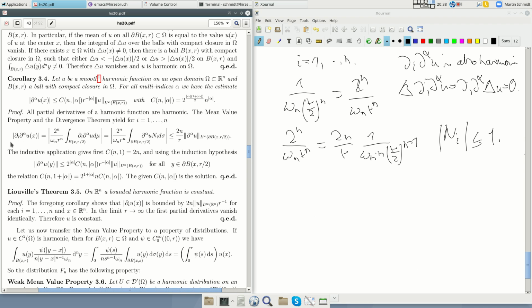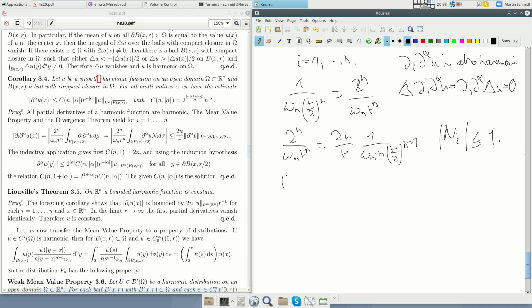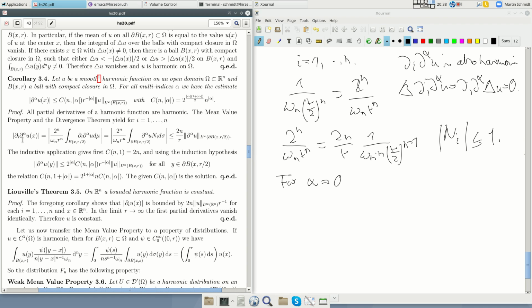As a first step, the claim is for alpha equals 0, for alpha equals 0, the index with no derivative. We get an estimate for all first partial derivatives.